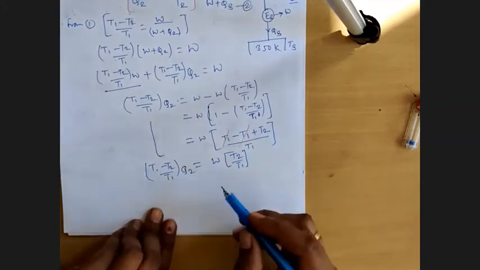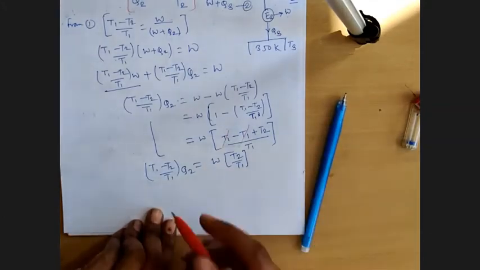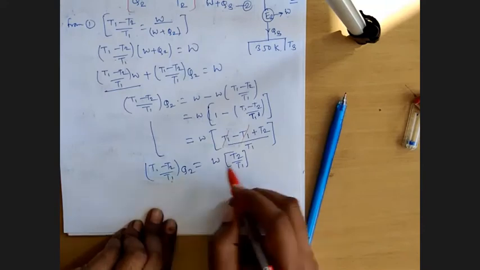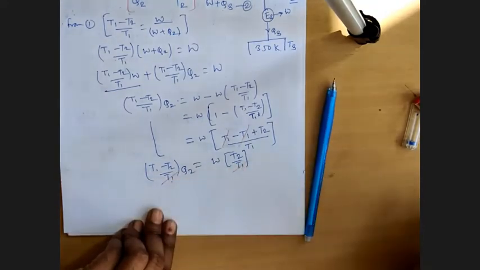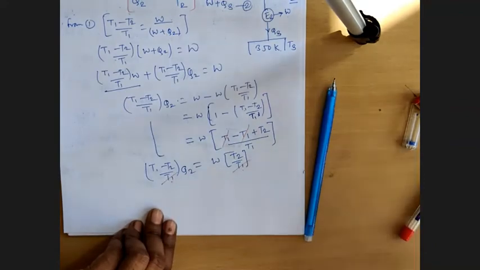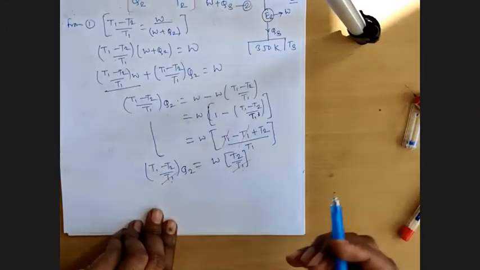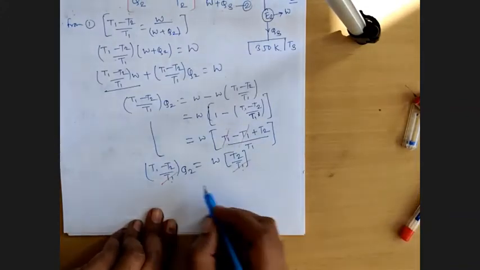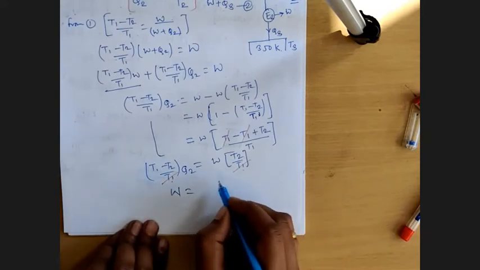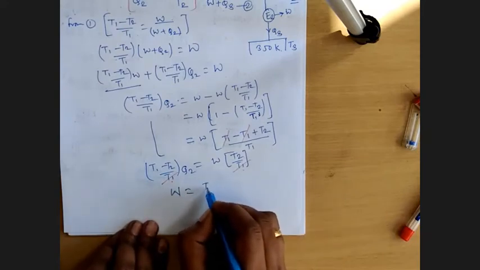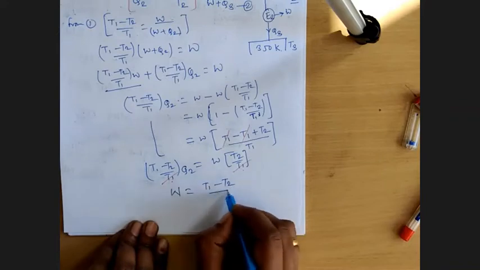Now here there is T1 in the denominator, T1 in the denominator. So this one will get cancelled, this one will get cancelled, and I will get a relation W is equal to T1 minus T2 by T2.